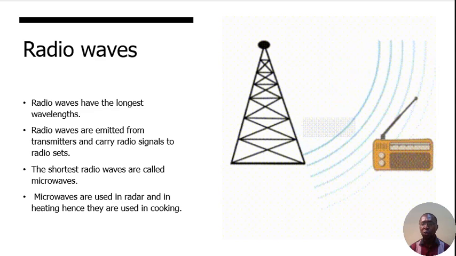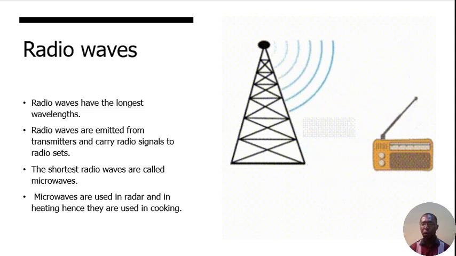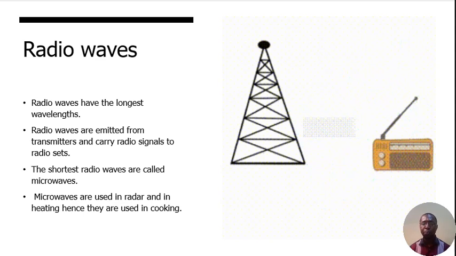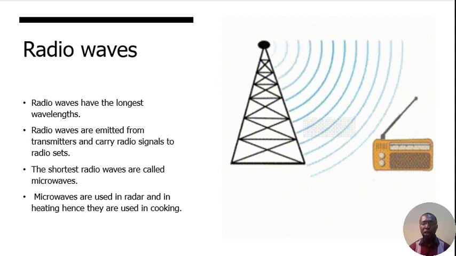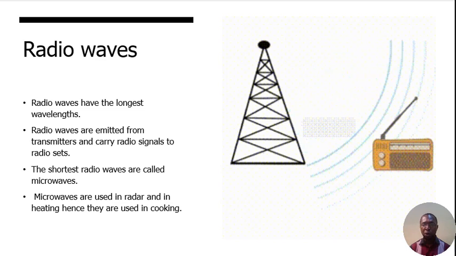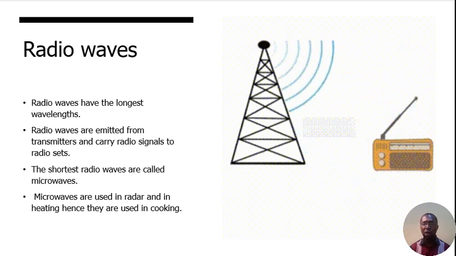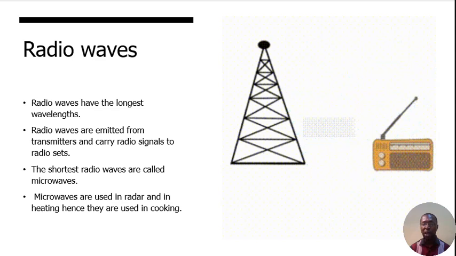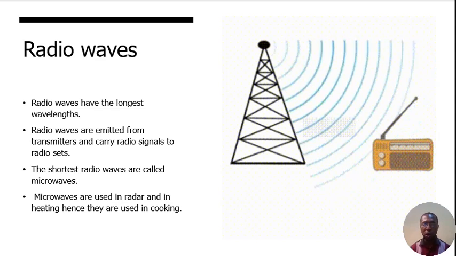The shortest radio wave is actually called the microwave, which we use in our gadget today in the kitchen. So the microwave is the radio wave with the shortest wavelength. We also use this microwave in our heating elements in the kitchen as well.